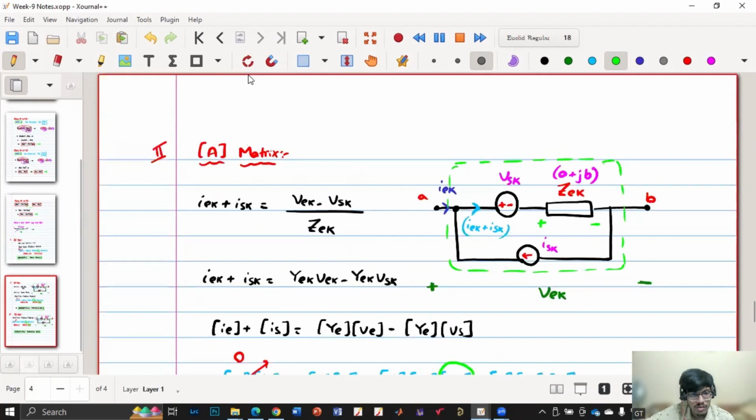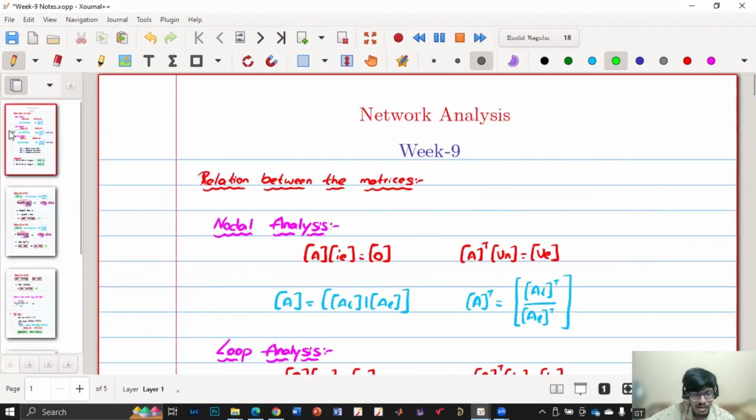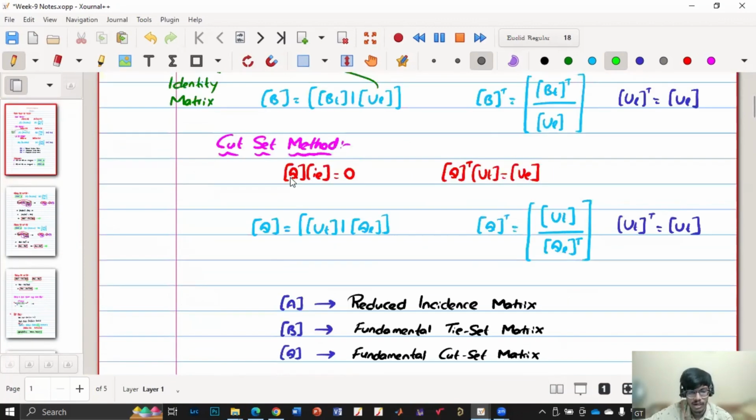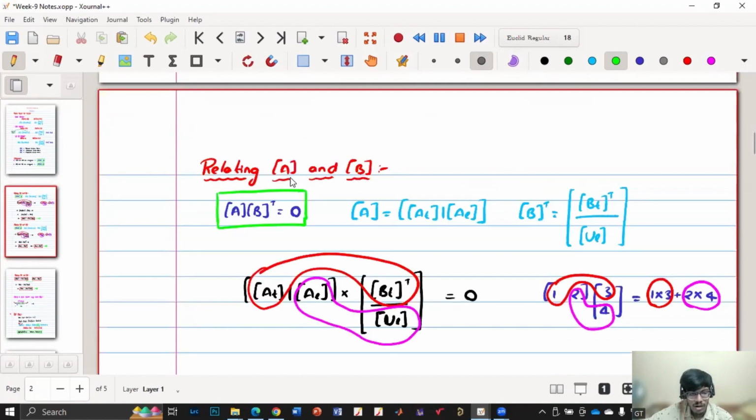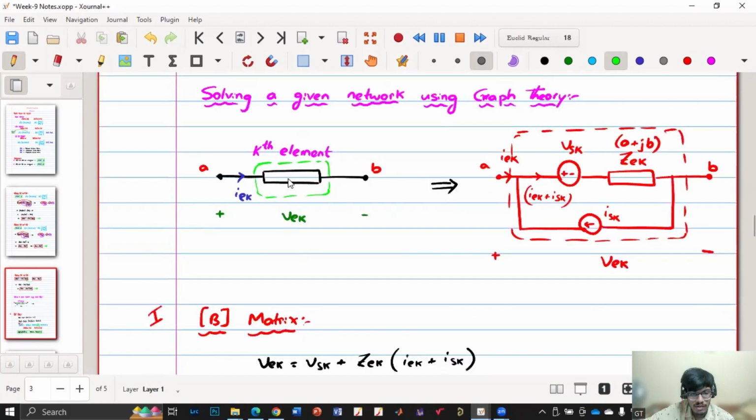So let us quickly consider one example. So in the previous week 8, we have thoroughly understood how to get A matrix, how to get B matrix, how to get Q matrix. Now we have first discussed the relationship between these matrices and how to use these matrices to solve for a given network.